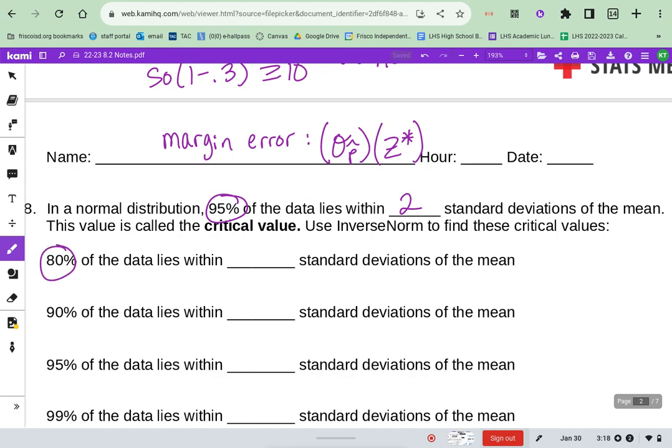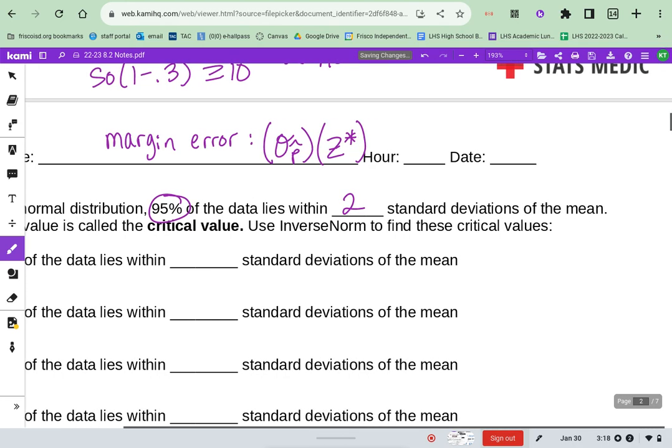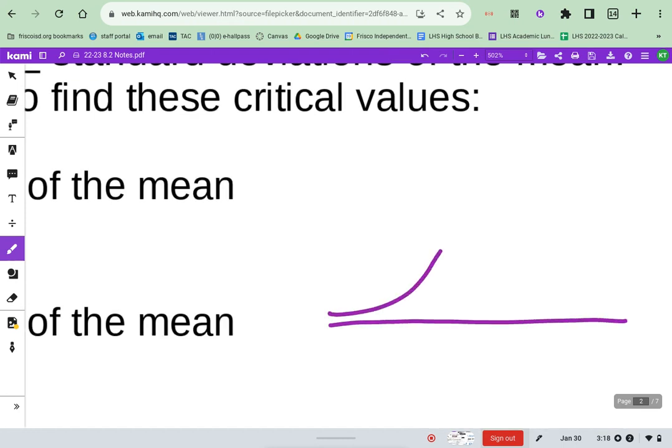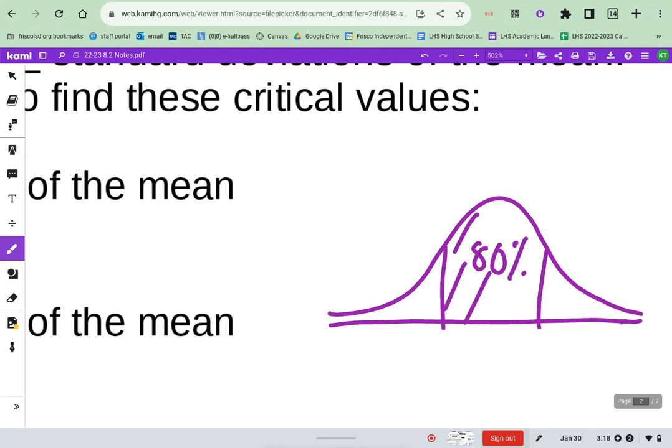So let's look at the first one, 80% of your data. I'm going to draw you a picture. Imagine that we want 80% of our data to be within some number of standard deviations. Well, we'll figure that out. How much is left over? 20 percentage points, which means how much in each tail? 10. Okay, so there's 10% in that tail.